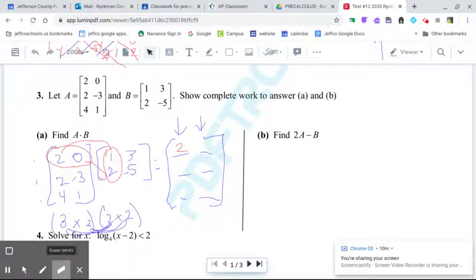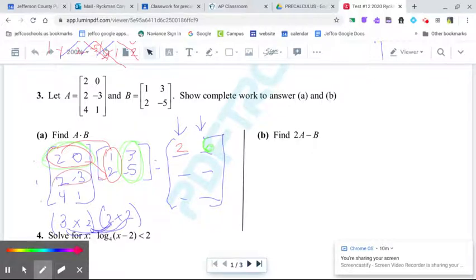Now when I go to multiply the first row times the second column, I'll take 2 times 3, which is 6, plus 0 times negative 5, which is 0, that's 6. Where does that go? Well, that was first row, second column, so that's where it goes, first row, second column. 6.